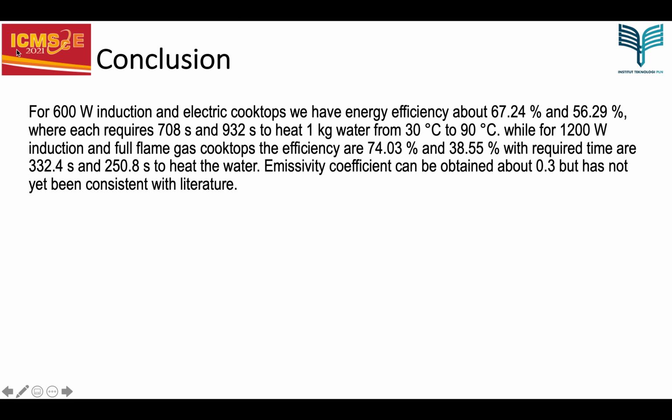Conclusion. For 600 watt induction and electric cooktops, we have energy efficiencies of about 67.24% and 56.29%, where each requires 708 seconds and 932 seconds to heat 1 kilogram of water from 30 degrees Celsius to 90 degrees Celsius.